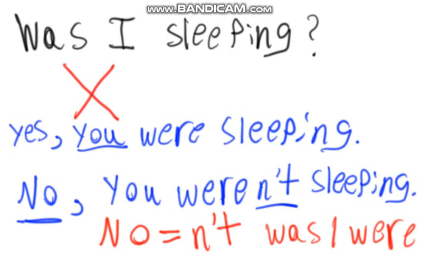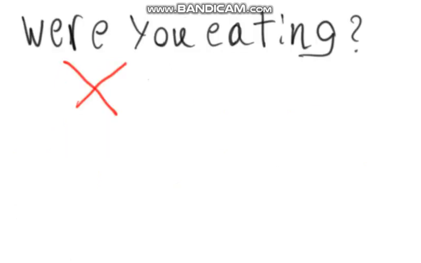when we turned the I into a you, and the was into a were. Yes, we're going to do something similar, but it is going to be were you eating. We're going to turn the you into an I, because there is an I, we're going to have to add was and then eating.